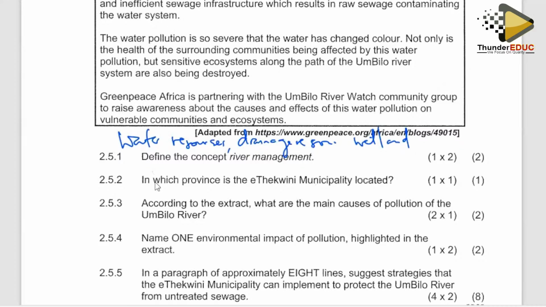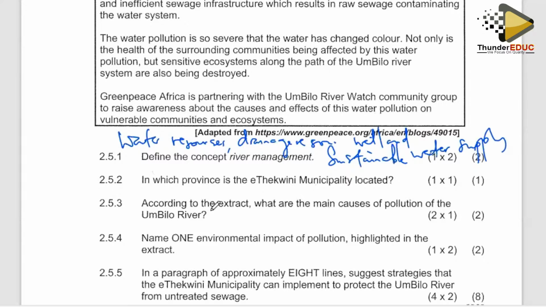We want to achieve sustainable, clean, and safe water supply. That is basically water management, river management. We need to manage water sources, wetlands, drainage basins, for sustainable supply of clean and safe water for different uses. That is river management. Right.